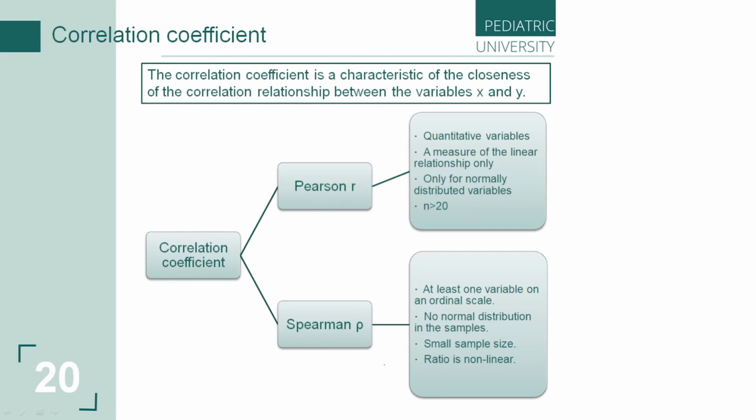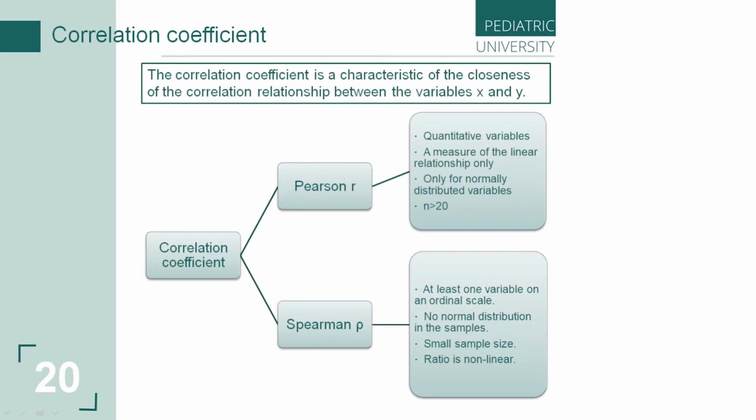Again, there is a certain algorithm for which correlation coefficient we will use in which case. We are going to look at just two: the Pearson correlation coefficient r and the Spearman correlation coefficient ρ.